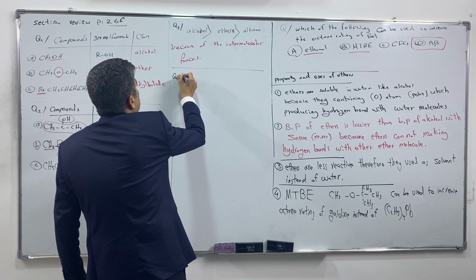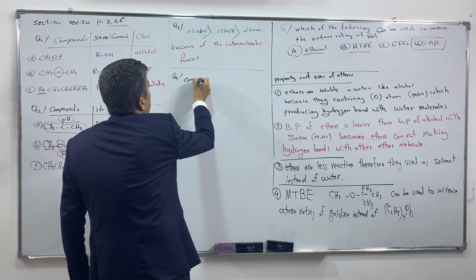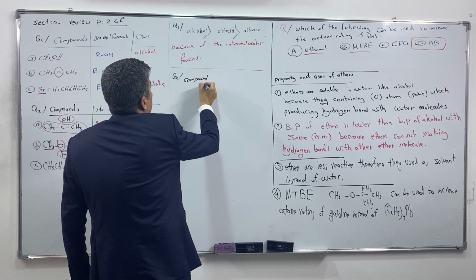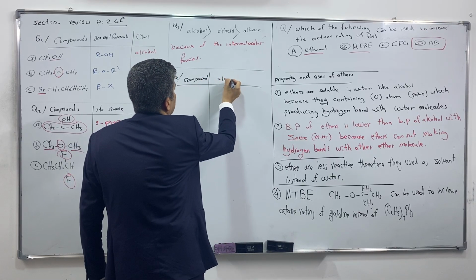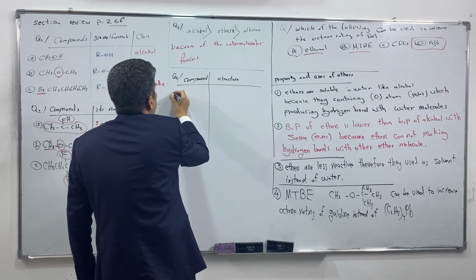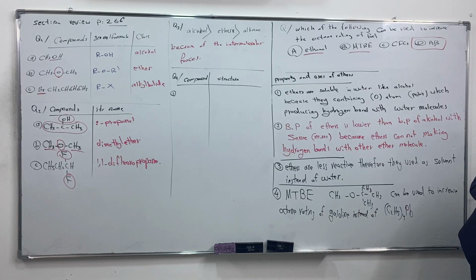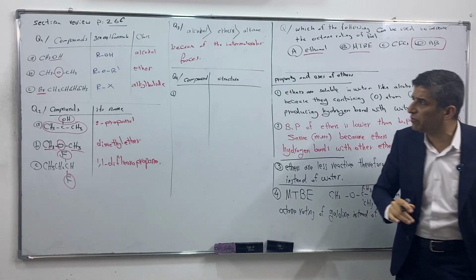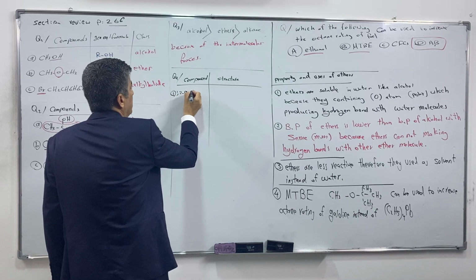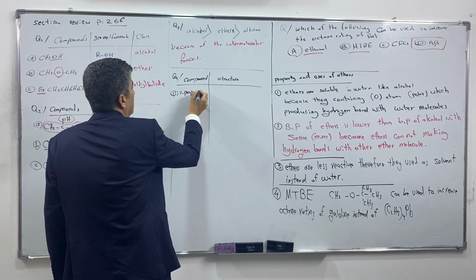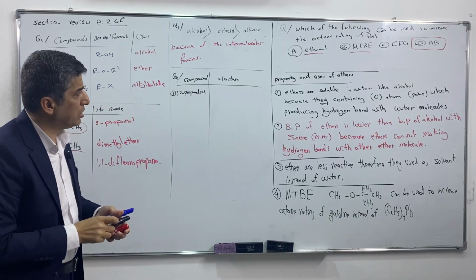Question 4, we have some compound names. We will try to draw the structures of these compounds. First one, we have 1,2-propanediol. Diol means 2 OH groups in the alcohol.